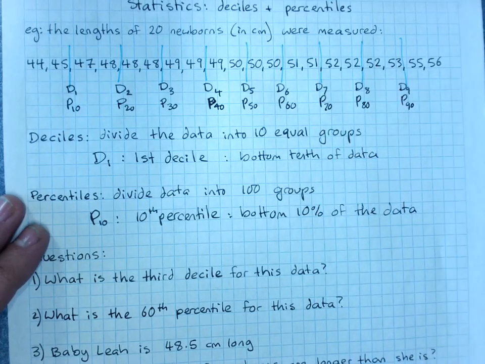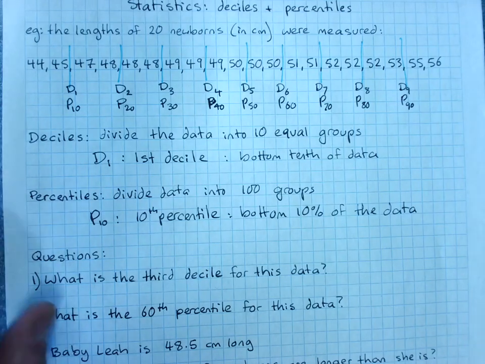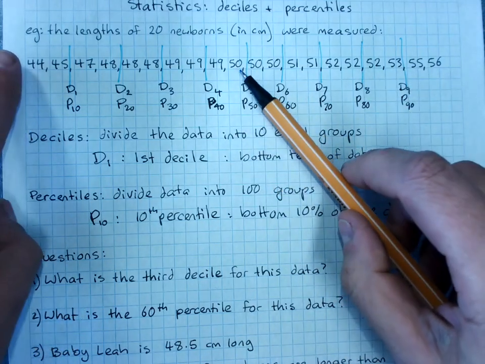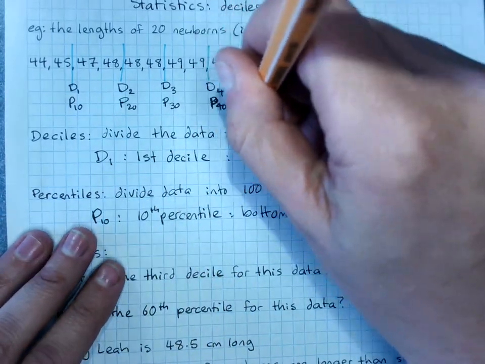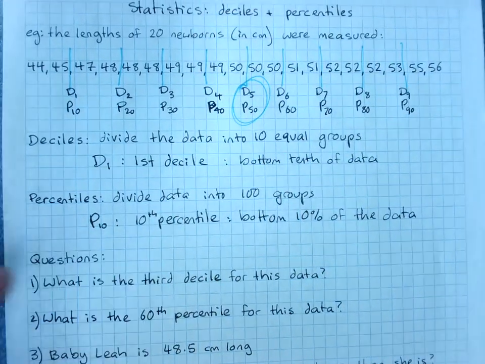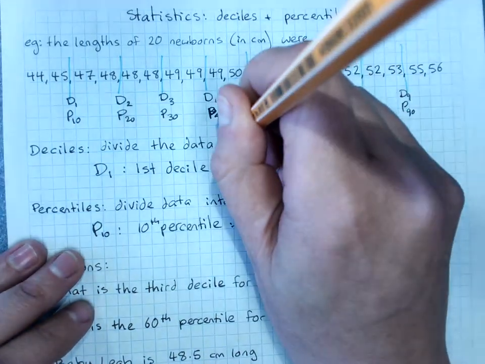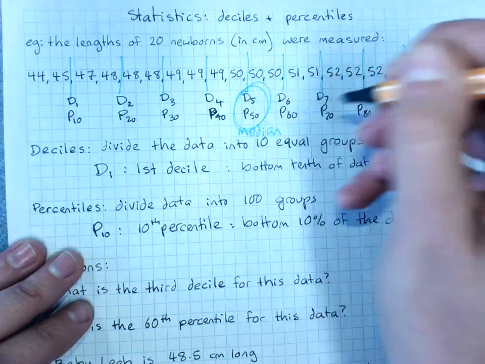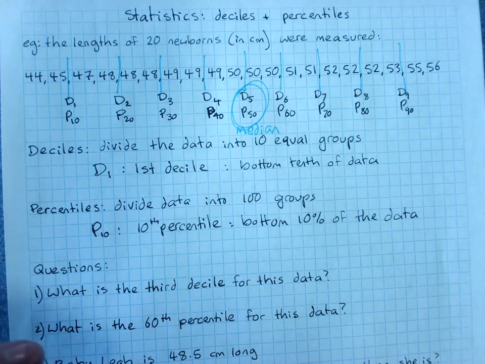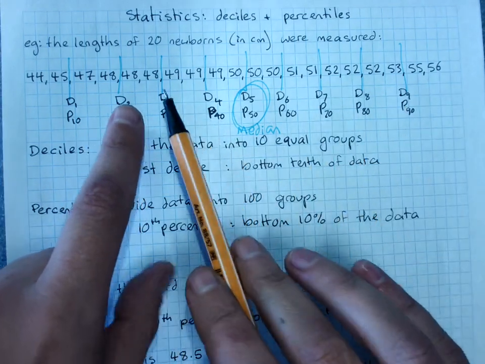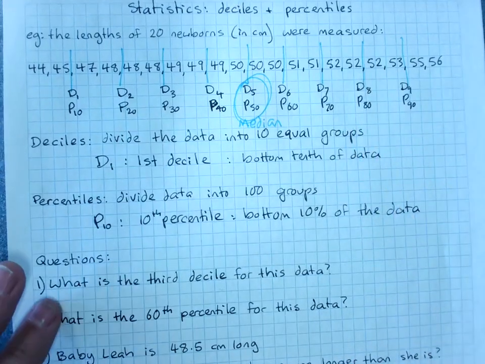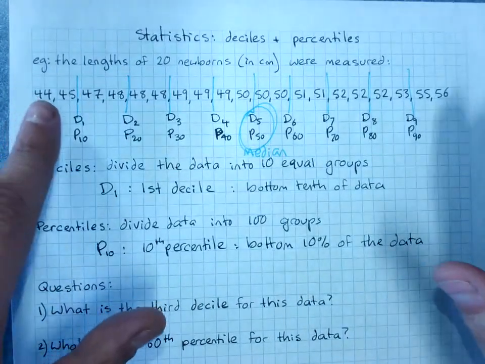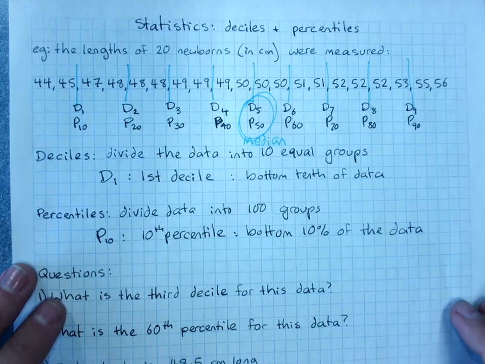So it just depends which one you've been asked for. And if you look at it, you'll see I've got 10 scores here and 10 scores here. So the 5th decile, or the 50th percentile, is the median. We don't have the quartiles showing here because they're 25 and 75. But that's how we split our data into deciles.